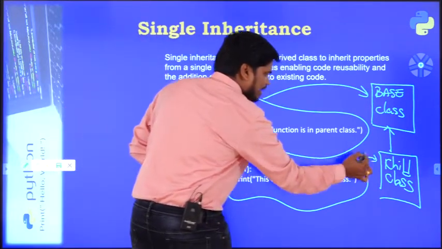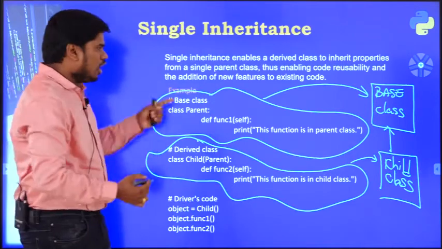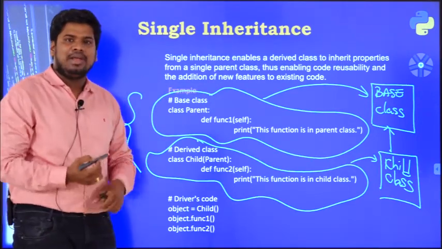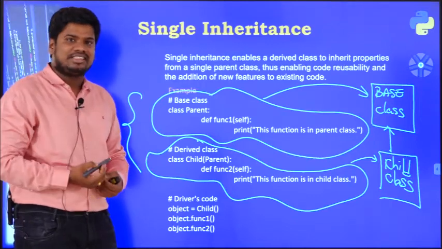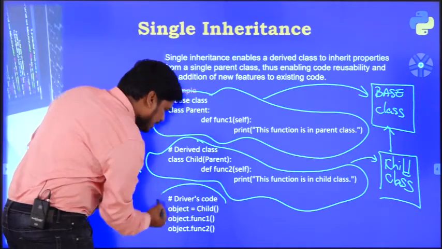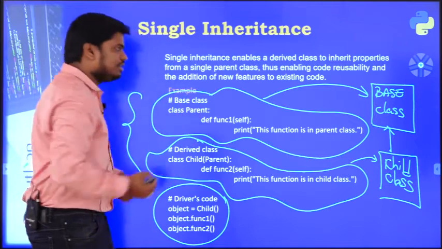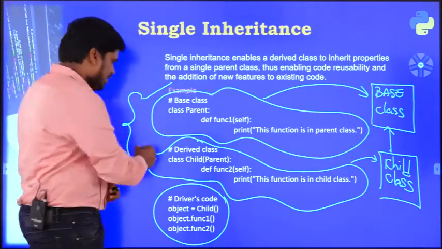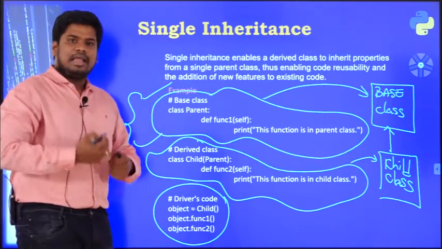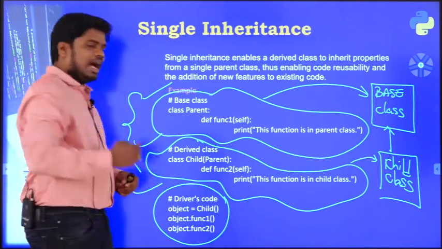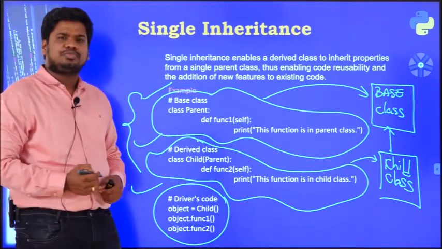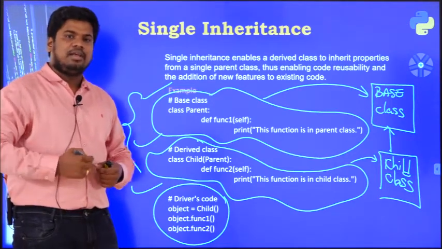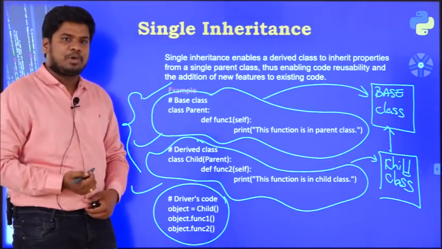In order to call this base class and derived class, I need a main code, which I can also call the driver code. So these are the three different parts: a base class, a derived class, and a driver code. I will explain each and every line of my program with a program trace.